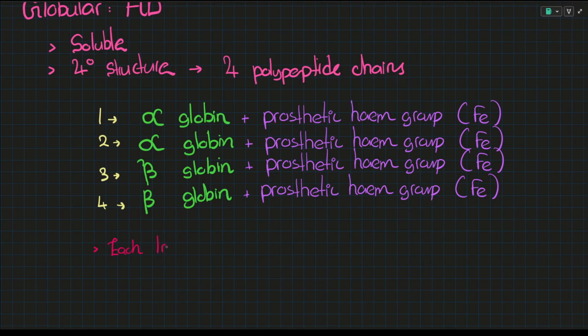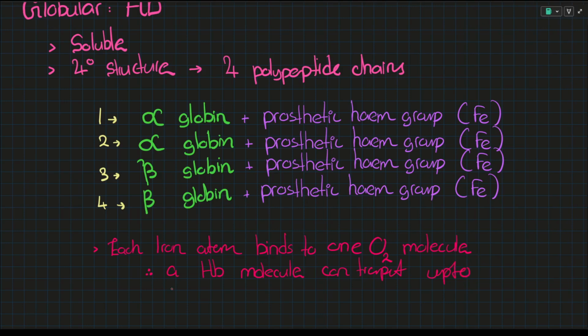Now each iron atom binds to one oxygen molecule. Therefore, a hemoglobin molecule can transport up to 8 oxygen atoms.